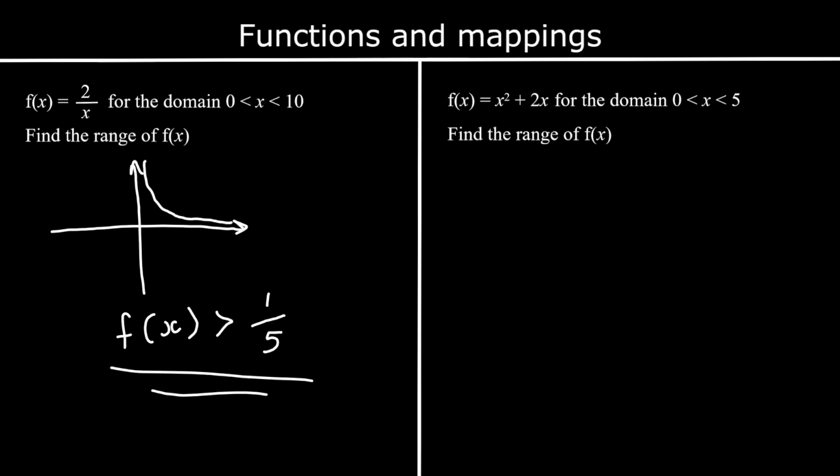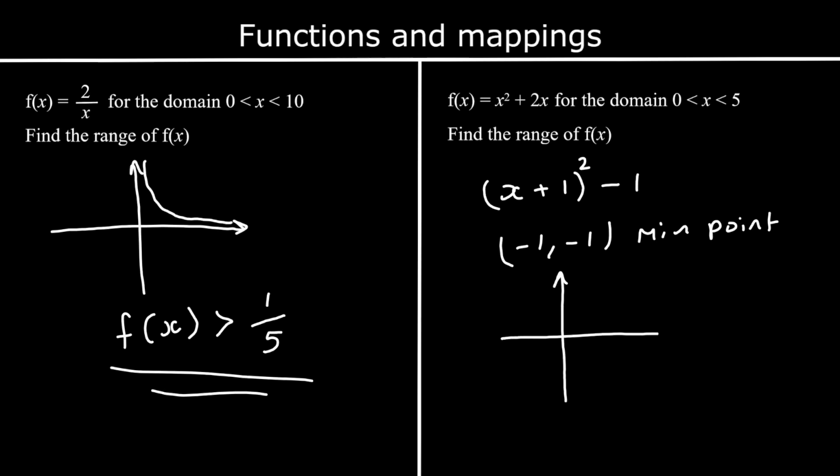So the minimum point is when we complete the square. So it's (x plus 1) squared take away 1. So the minimum point is at -1. It looks like this.